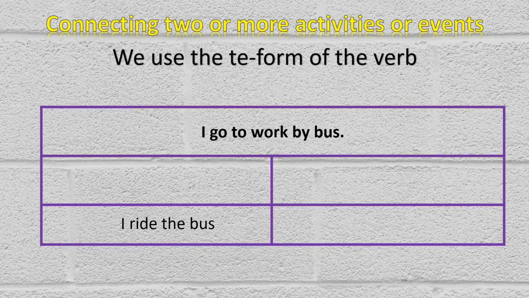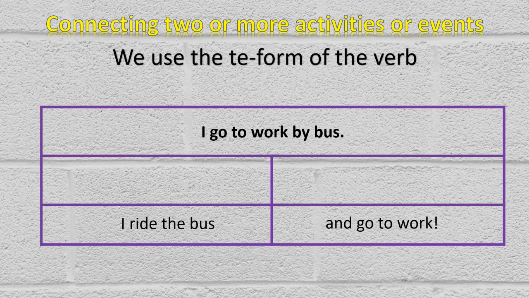Here is another peculiar example. I go to work by bus. So I ride the bus and go to work. Now in this case, there are two verbs here. But in English, it is just translated as I go to work by bus. In this case, the verb in the te form describes the manner in which the action described by the second verb is performed.